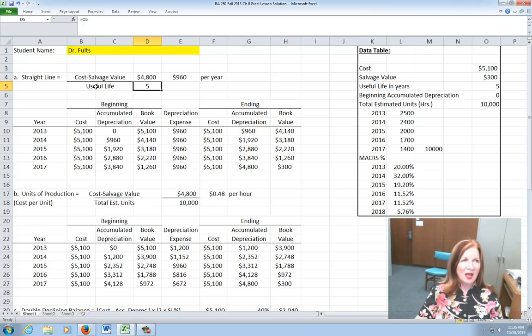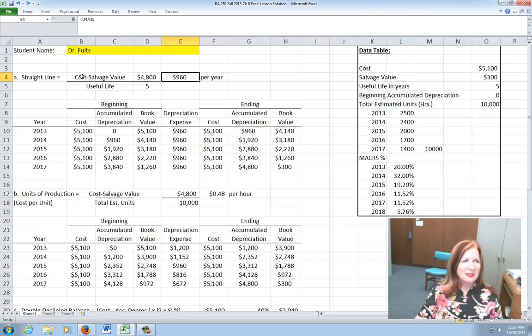The useful life right here is equal to O5, that cell, O5. So O5 right in there. I'm sorry, I was looking at something, and now I want to do this math in E4 to get the depreciation per year.